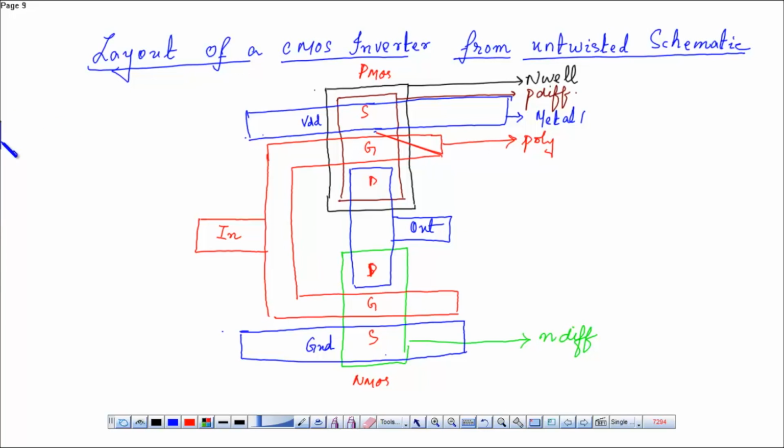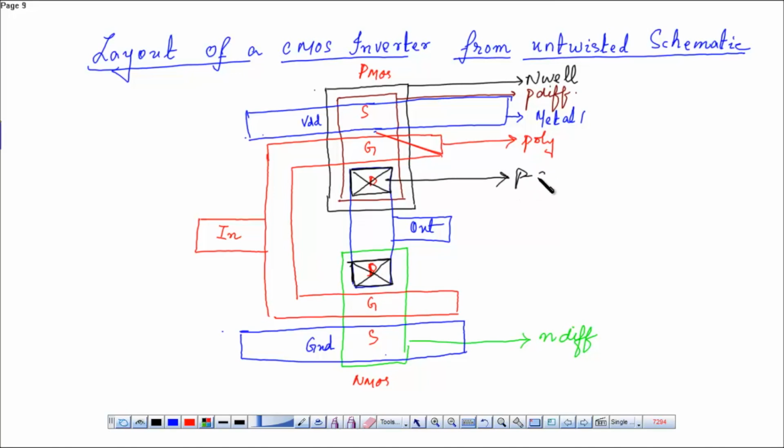Now we have to place the contacts. First contact will be the contact between the metal layer and the P diffusion. So this is the P diffusion contact. This is the N diffusion contact.